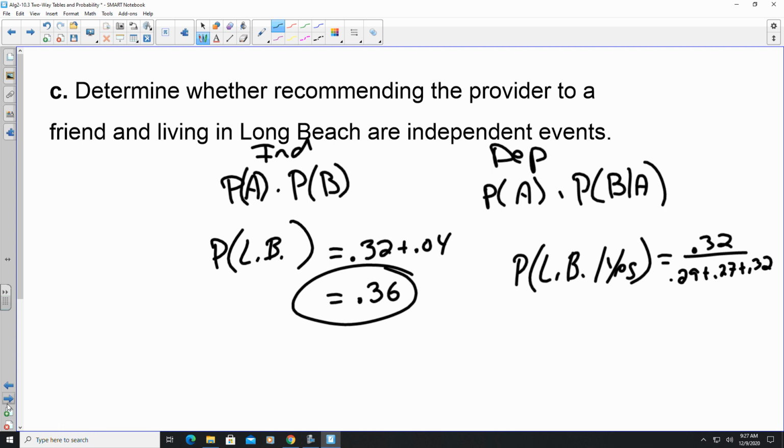When you add those up on the bottom, and then divide 0.32 by the sum of all those, you get 0.36. So since they're about the same, we can say the two events are independent.